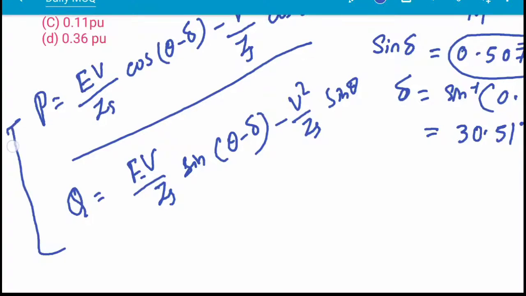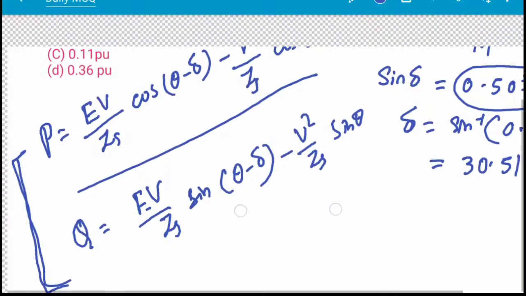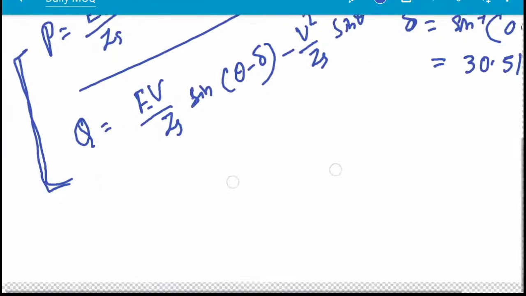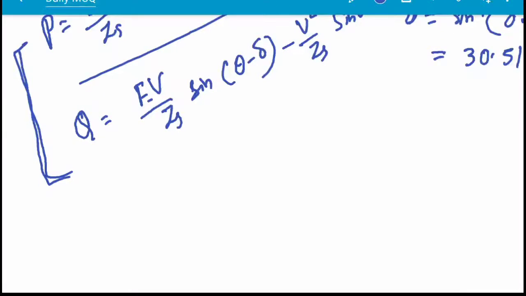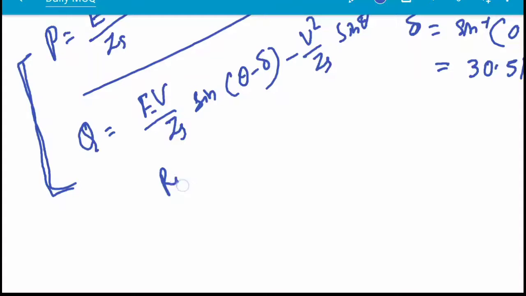These formulas are for when both resistance and reactance exist, but if RA, the armature resistance, is equal to 0, then ZS, the synchronous impedance, will be equal to the synchronous reactance, and theta, the angle between R and X, will be equal to 90 degrees.